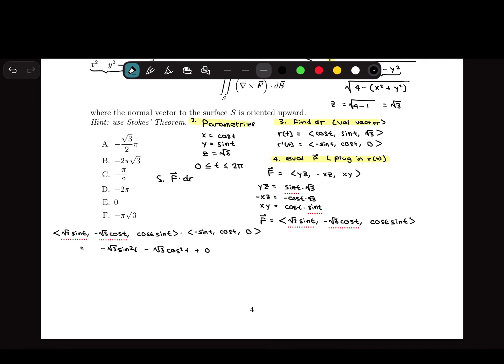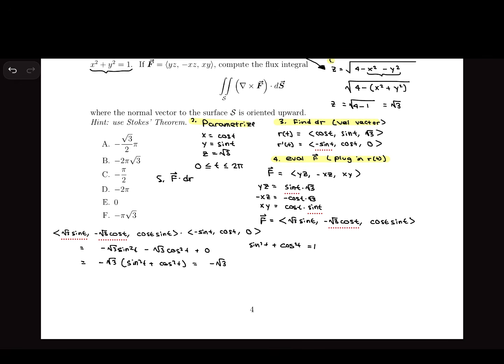Now, we can use a common trig property. We know that sine squared of anything plus cosine squared of anything is always equal to 1. So we can pull out the negative root 3 to get sine squared t plus cosine squared t. So in the end, we just get negative square root of 3. Let me move this down.